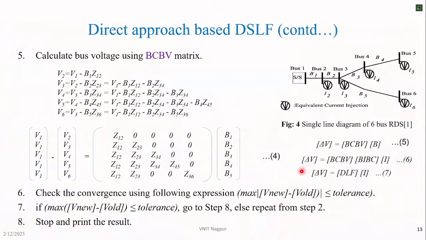In another way we can write delta V is equal to a multiplication of two matrices, BCBV and BIBC, then multiplied with I. And if we club these two matrices, we can write directly delta V equal to the DLF matrix, the distribution load flow matrix, into I.